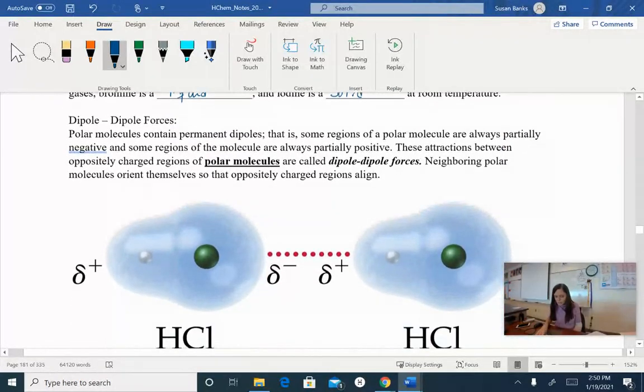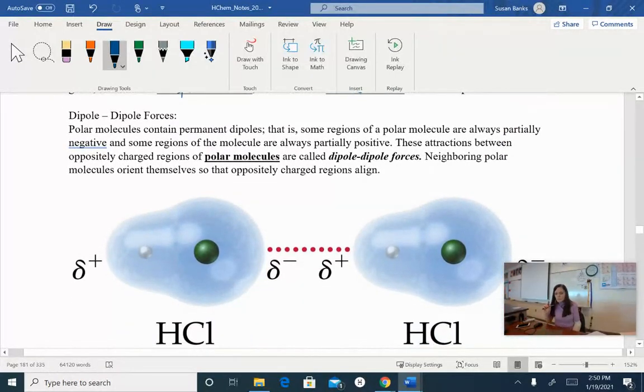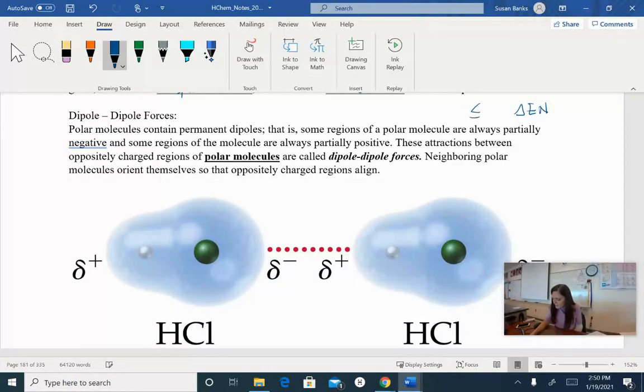Next, dipole-dipole forces. We talked about polar molecules before. Remember, polar molecules are when we have an electronegativity difference that is greater than or equal to about 0.4 up to about 1.7. Okay? That will create a polar molecule.